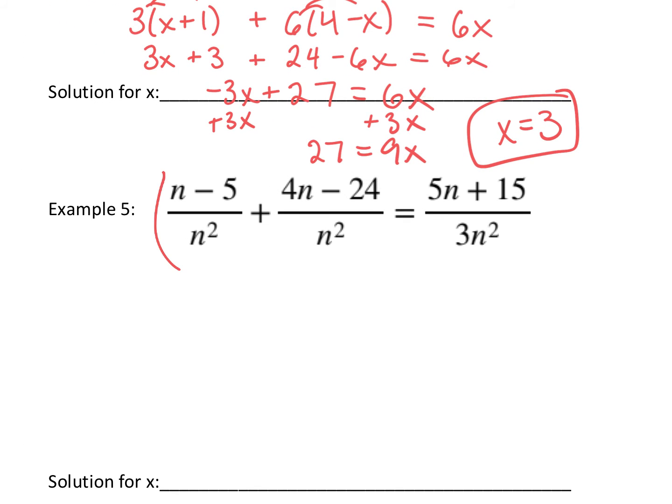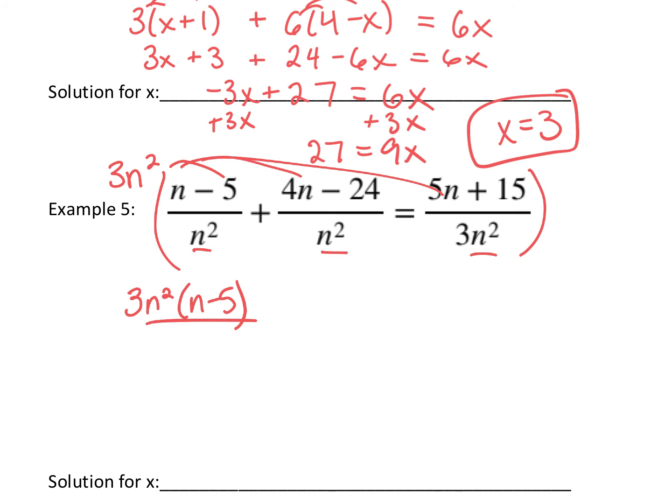All right, common denominator. We need a number and we need a variable that all 3 of these denominators will go into. And what's that going to be? 3n squared. We got it. So now that's going 3 places because there's 3 terms. What do I write for the first term for right now? 3n squared times 5.